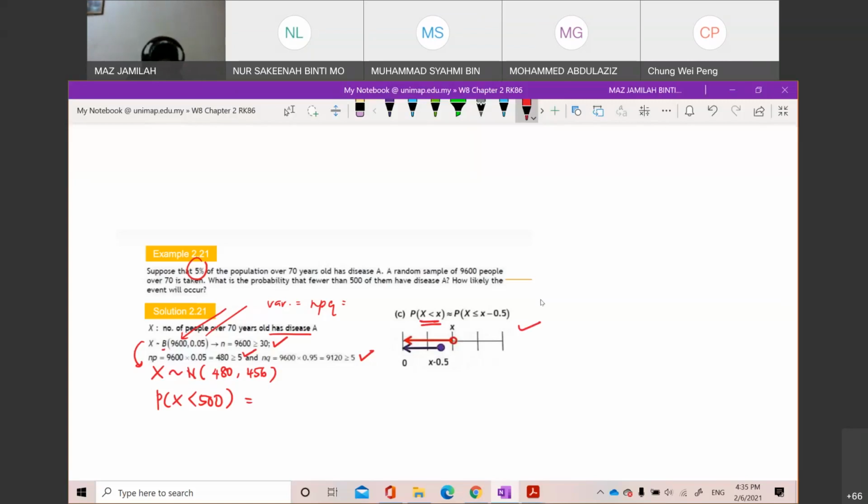So P(X less than 500) becomes P(X less than or equal to 499.5), that is 500 minus 0.5. Then transform into Z: 499.5 minus 480, divided by the square root of 456.